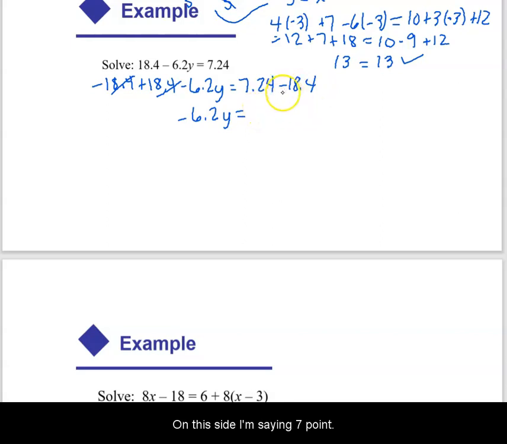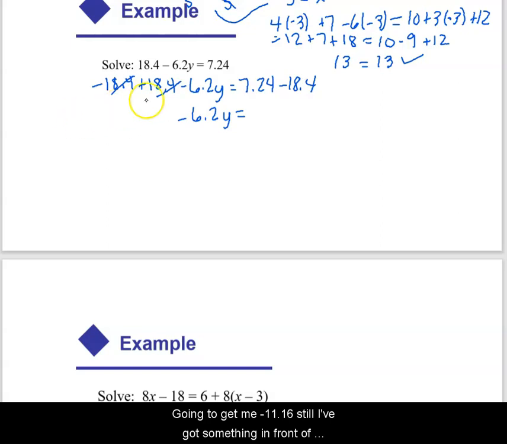On this side, I'm saying 7.24 minus 18.4. That's going to get me negative 11.16. Still, I've got something in front of that variable and I'm multiplying.